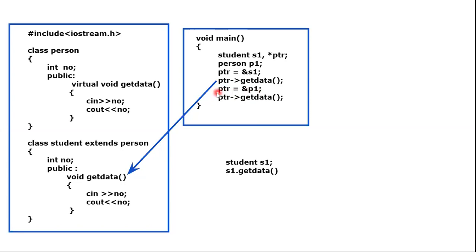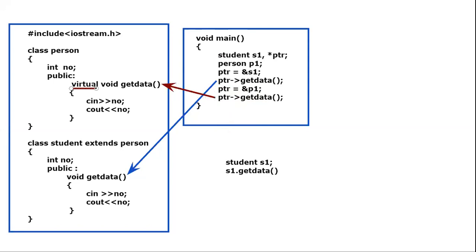So when the compiler executes ptr equal to address of p1, definitely it is going to hold the address of p1. Then next line, ptr arrow get data. At that time, it is going to call the function which is present in the person class. But this is possible only if you make the function a virtual function.